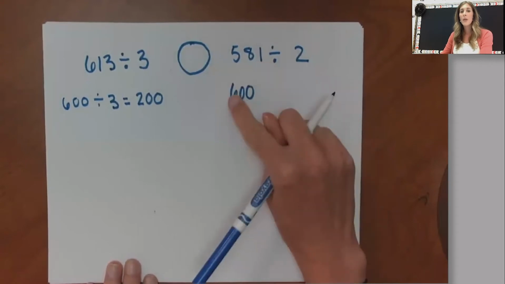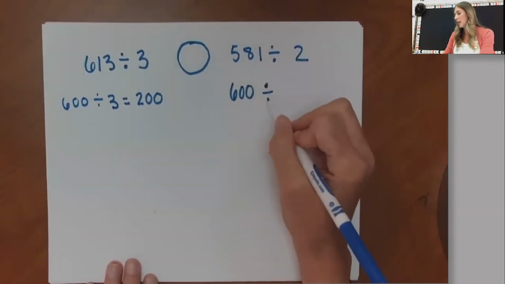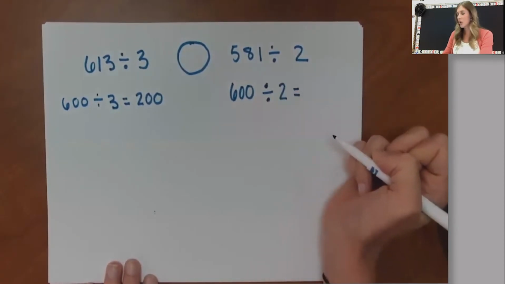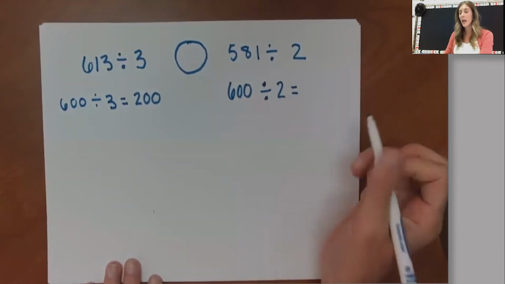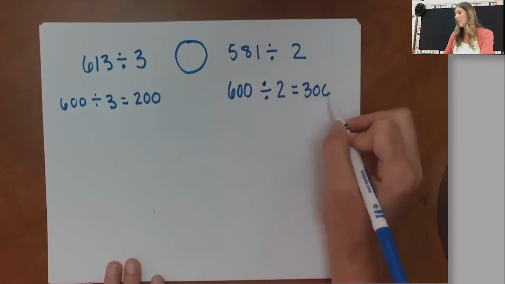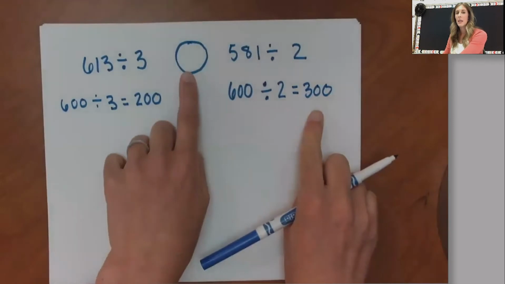Yeah, and we know that 6 is divisible by 2, so 600 is divisible by 2. 600 divided by 2, we know 600s divided by 2 would be 300s, so 600 divided by 2 is 300.